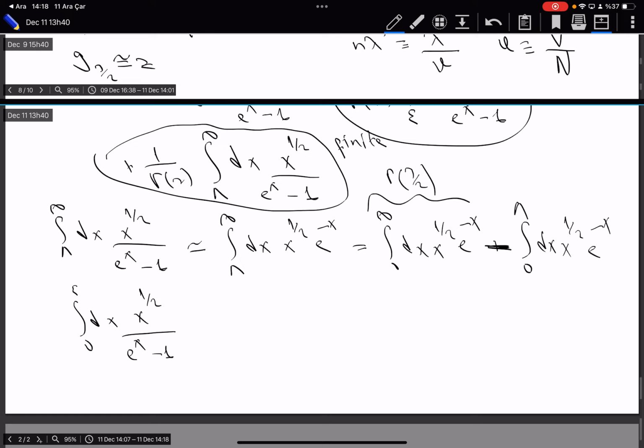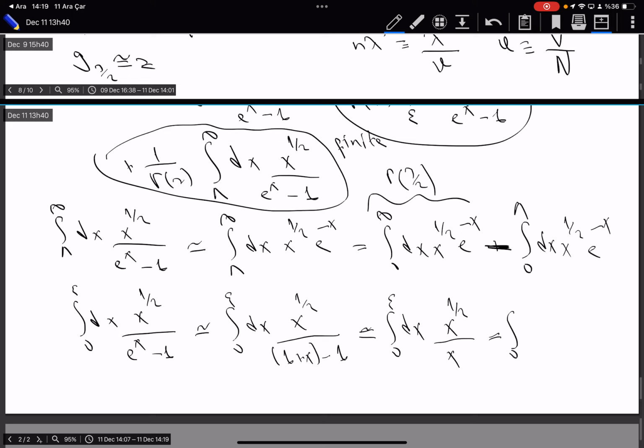Epsilon is very small, very close to 0. So I can use a Taylor expansion to expand e to the power x. Then the approximate value of this integral is just the integral of 1 over x to the power 1/2.